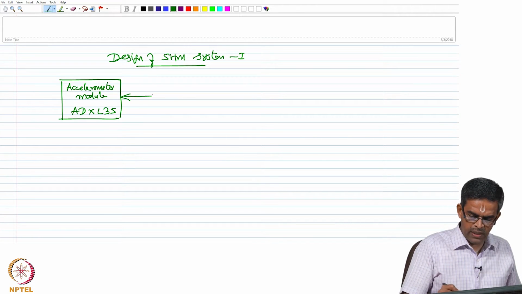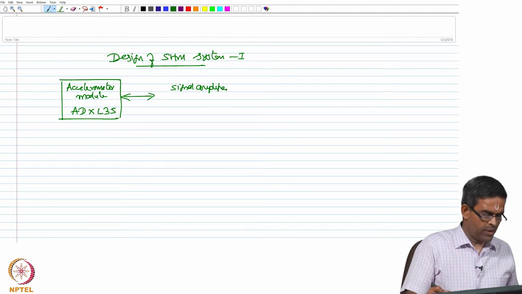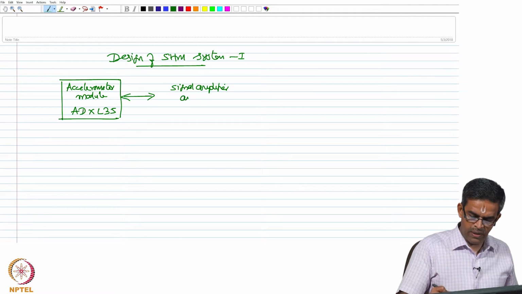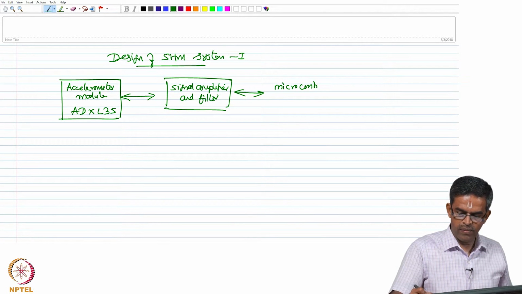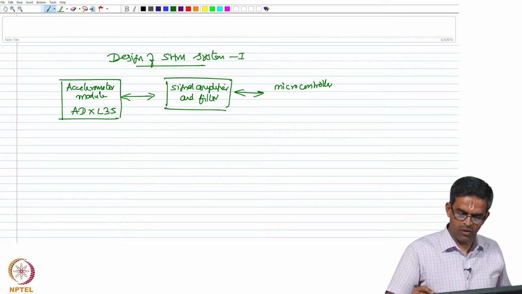Now, this is connected to the signal amplifier and filter. This is further connected to the microcontroller, which is the processing unit.